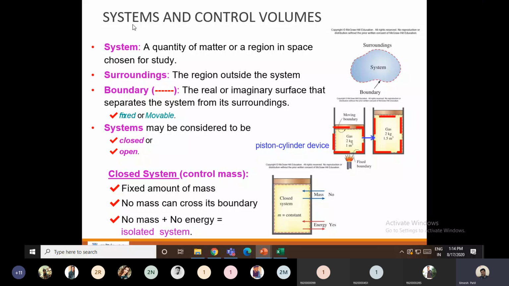And then we learned what we mean by system, surrounding and boundaries, and then types of systems. I hope this much content is sufficient for today's lecture. We'll continue the remaining part, that is the open system and isolated system, in tomorrow's session.